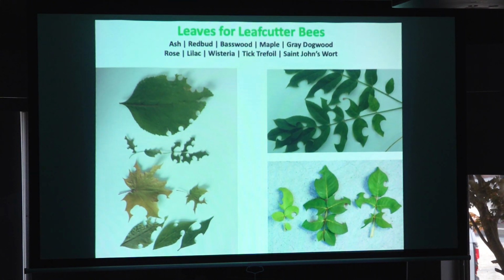So if you ever see these leaves, you can celebrate. Instead of being worried about your plant, you can be proud of yourself that you're providing habitat for leafcutter bees. And the plants are going to be perfectly fine. Individual leaves might have been pretty well decimated, but the plant as a whole is not going to suffer.